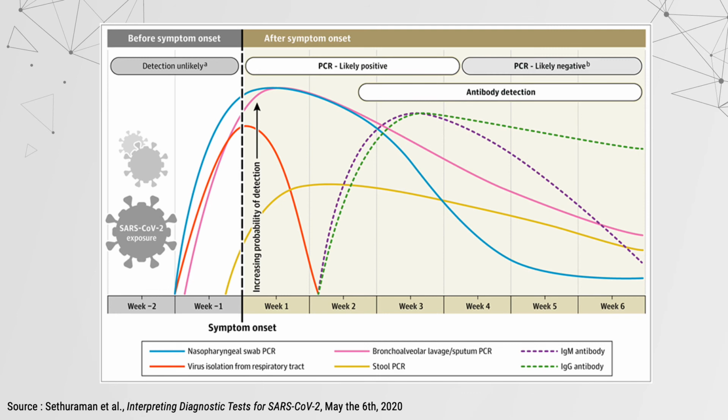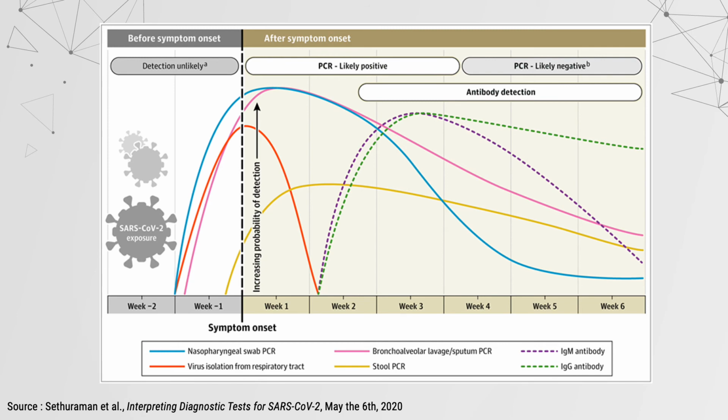Then we can see that several methods tend to be relevant on the longer term than others. For instance, virus isolation from respiratory tracts tends to be relevant only on the very short term. So that might not be the best method to use compared to others, such as the nasal swabs, which is the one most used for the moment.